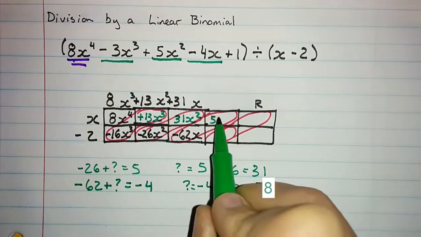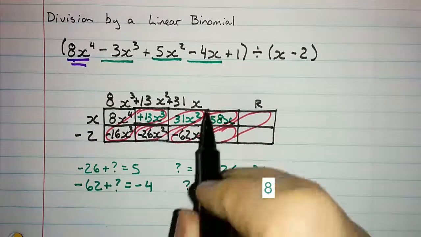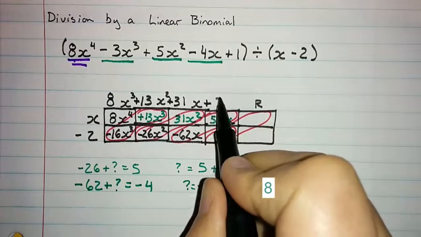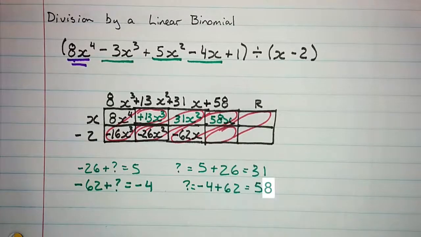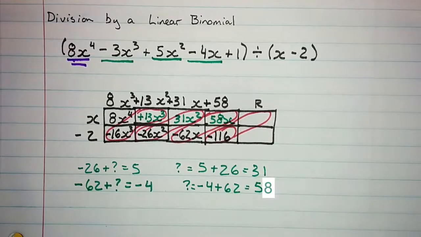I'll need a 58x here, which means I need the number 58 up here. 58 times negative 2, this looks like a job for a calculator. 58 times negative 2 is negative 116.